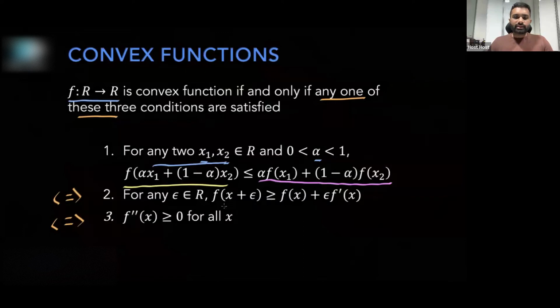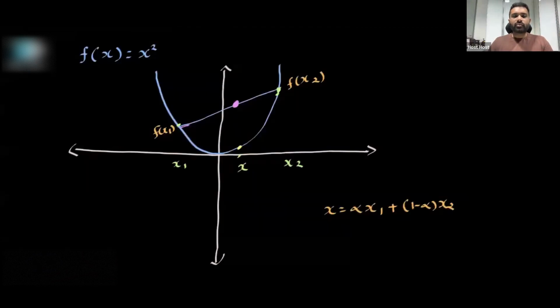Another condition says that for any small epsilon, f of x plus epsilon will be larger than or equal to f of x plus epsilon times f prime of x. So f prime of x, if we know the visual interpretation of the gradient, indicates the slope of the tangent at that particular point. So I'm considering this x only.